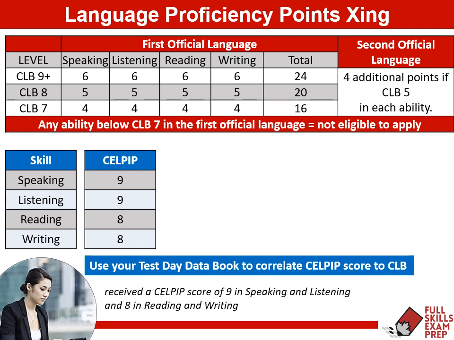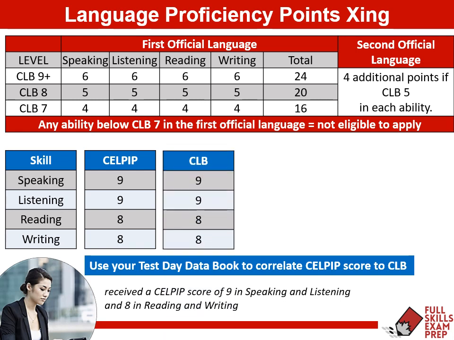If you're using your test day data booklet, it'll link all this together for you. We can see that her CLB score is the exact same because that's the way that CELPIP is organized. So a CELPIP score of 9 is a CLB 9. So she has a CLB 9 in speaking and listening and a CLB 8 in reading and writing.